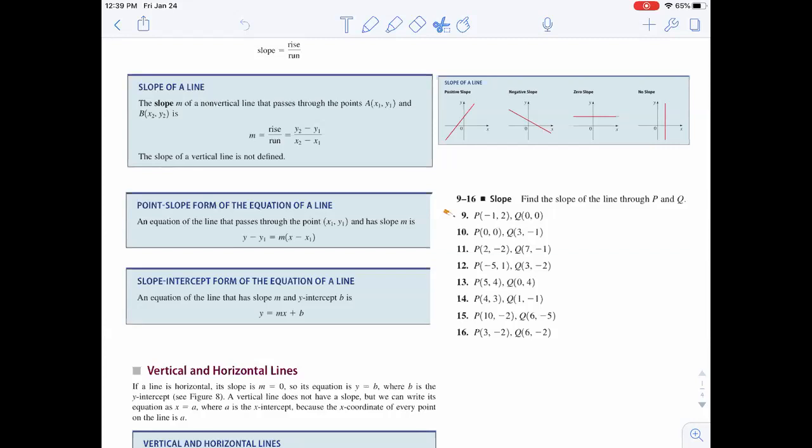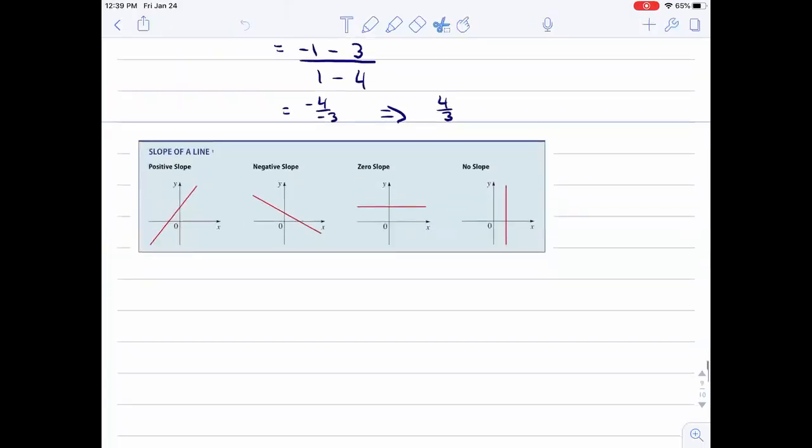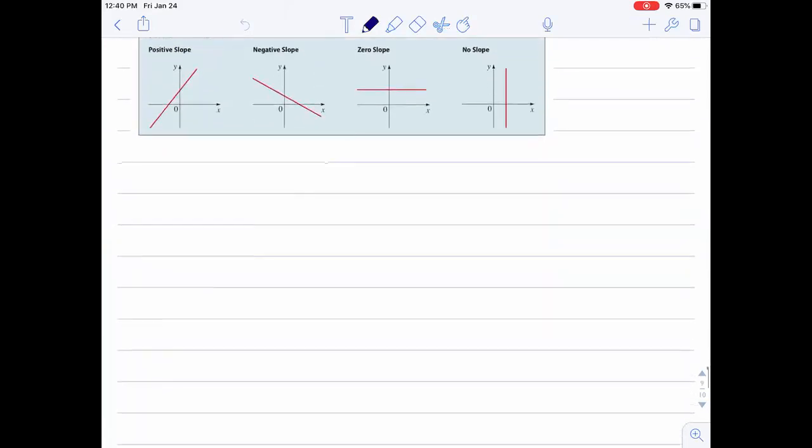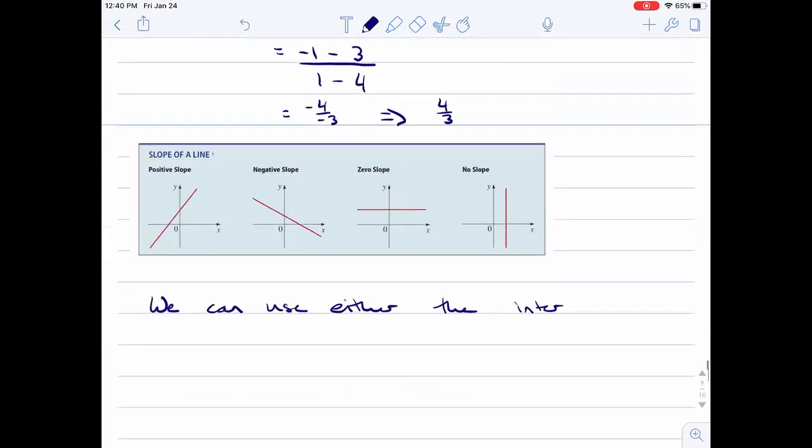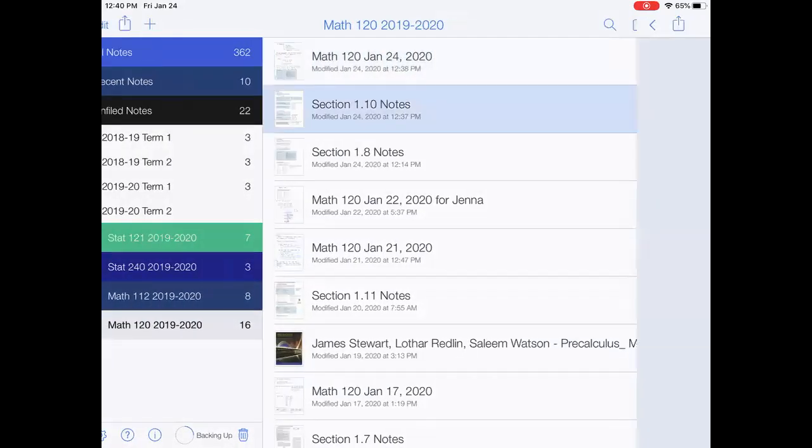I can actually have any point that's supposed to be on this line, and solve for the equation. And so we can use either the slope-intercept, sorry, I think it's called the slope-intercept. Let's mix them up.